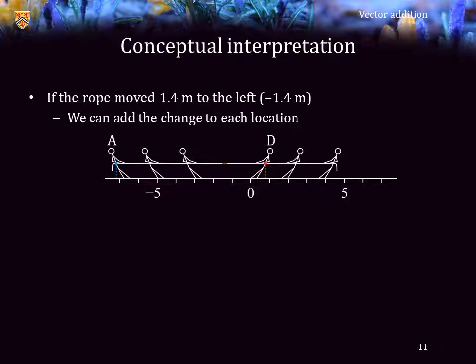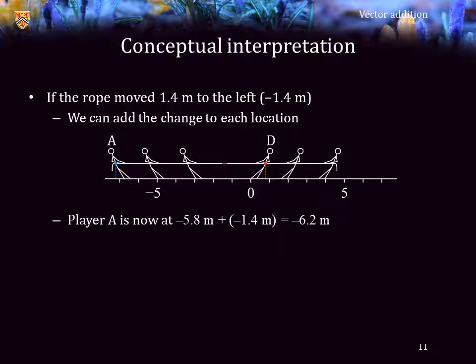Suppose now the rope has moved 1.4 meters to the left, or it's moved negative 1.4 meters. We can now change the locations of each of the players, assuming they're still holding the rope in the same location, by adding that amount or that change to each of the locations.